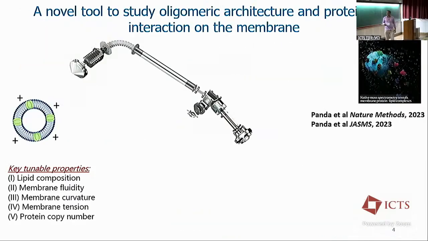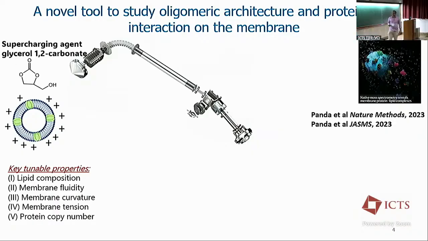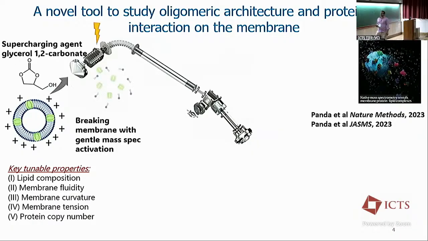I have developed a platform using liposomes where I can reconstitute the protein of interest. In the liposome, you can fine-tune the lipid composition, membrane fluidity, membrane curvature, membrane tension, and the protein copy number to mimic any target physiological membrane. Once you prepare this proteoliposome, you can infuse it into the mass spec. With the help of a supercharging agent, you can ablate the protein bilayer in the front end.